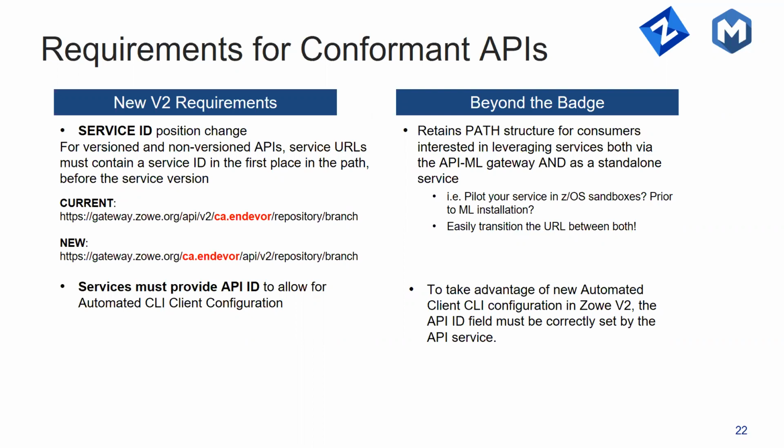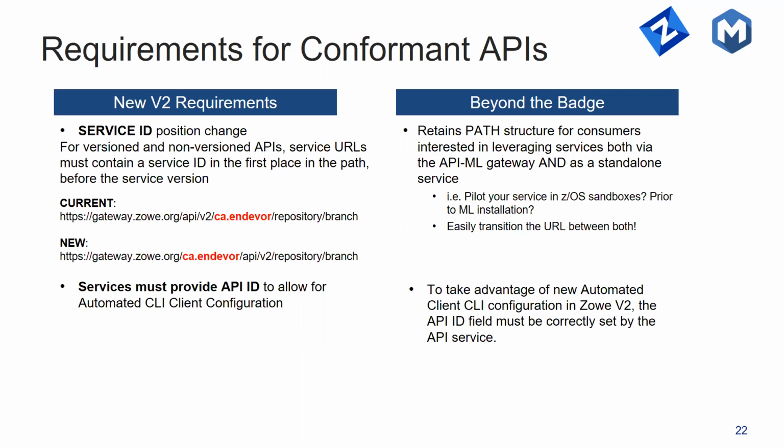It's easier for folks to understand what the expectations are, and it's easier for us to support from a squad perspective. And given that we support both positions currently in V1, some of you may already be conformant here if you do have service ID in that first position.